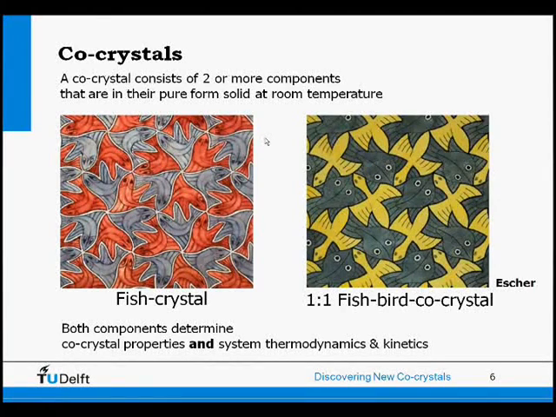So on the left you see a fish crystal structure only consisting of fish, and on the right you see a fish-bird co-crystal, so a one-to-one co-crystal of fish and bird. So both components in this co-crystal determine the properties of the co-crystal, and they also determine the system thermodynamics as well as the crystallization kinetics. So you can see very different behavior going from a fish crystal to a fish-bird co-crystal.